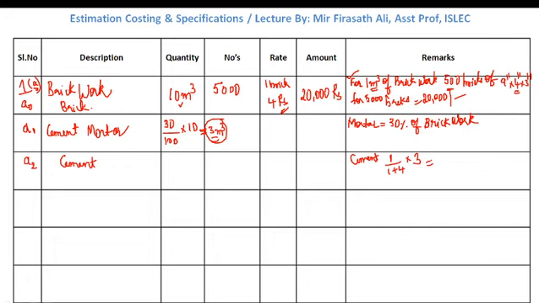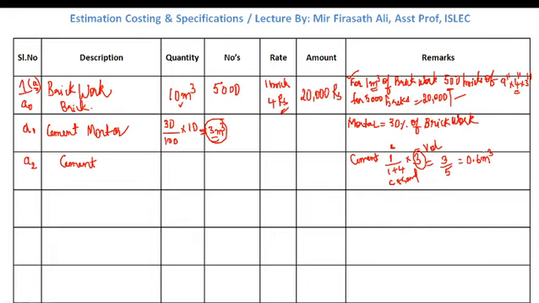So 3/5, which is equal to 0.6 meter cube.